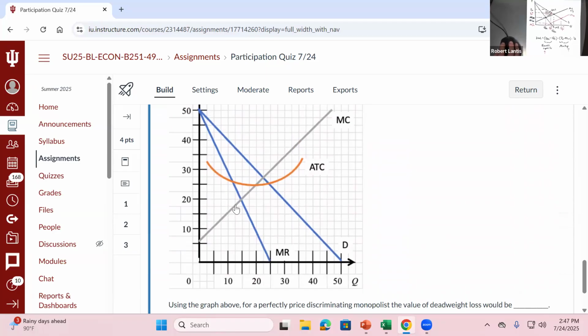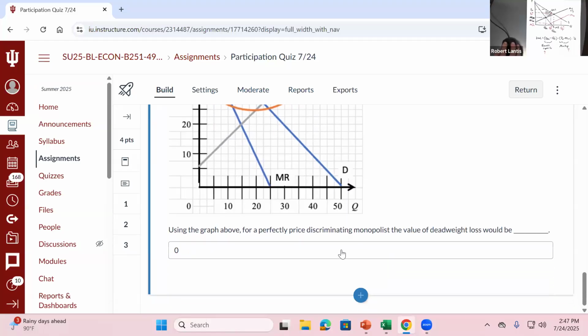If this is the only firm, their marginal cost would be all of supply. So supply would be equal to demand, or that would be the allocatively efficient point that maximizes total surplus, at the same quantity, which means if we've maximized total surplus, our deadweight loss should also be 0 with perfect price discrimination.